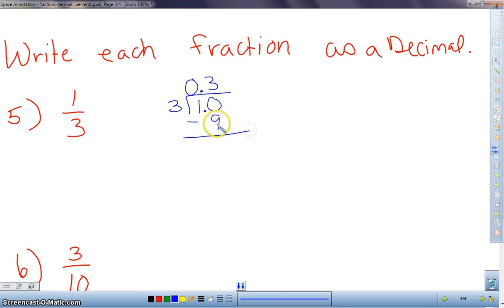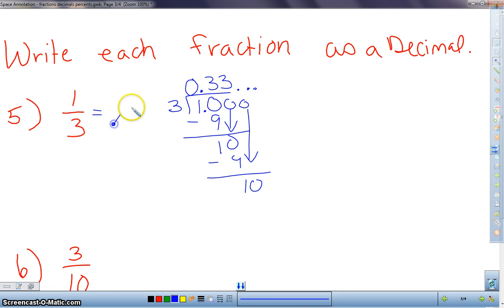Subtract your 9. Get 1, add a 0, and drop it. 3 goes into 10 3 times. Subtract your 9, get 1, drop your 0. You see that it's repeating, and what's repeating is the 3. So to correctly write out 1/3 as a repeating decimal, you put 0.3 with a bar right over the 3. Okay, and that's it.